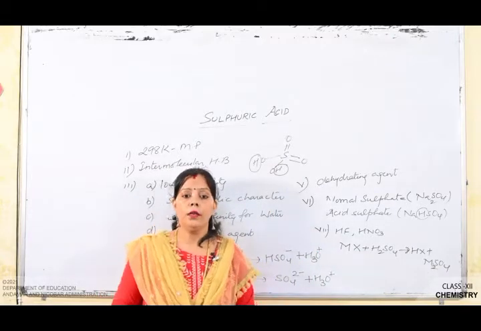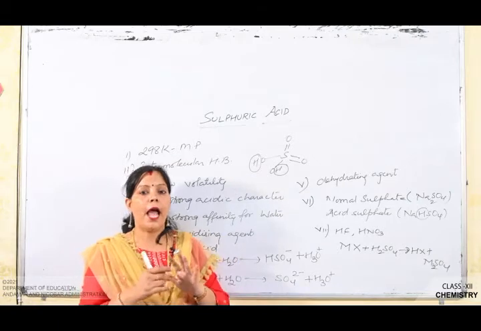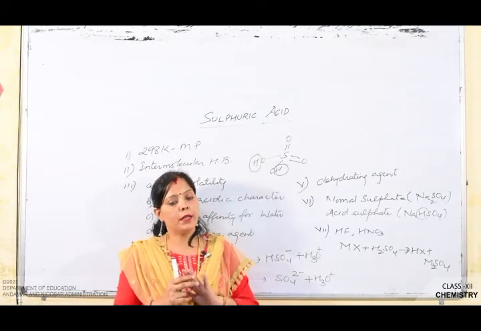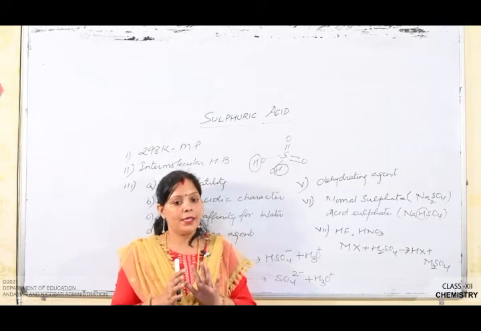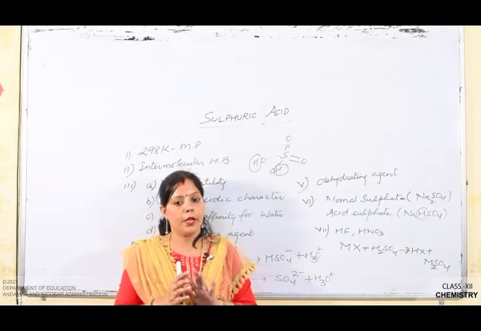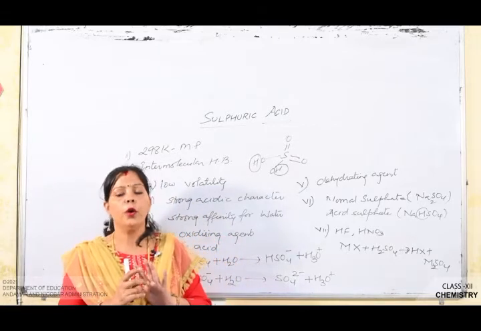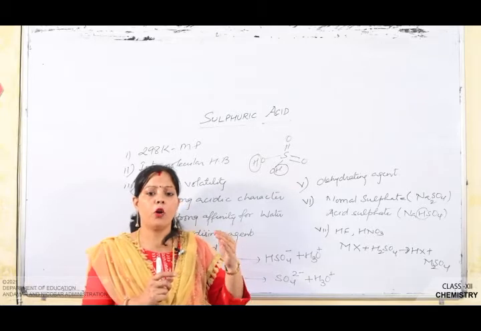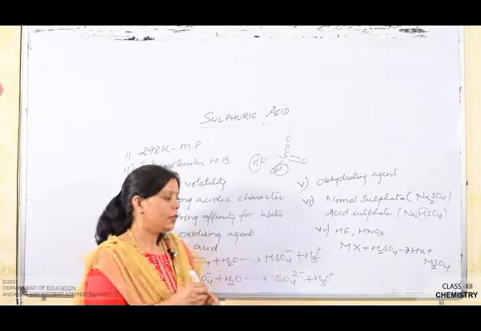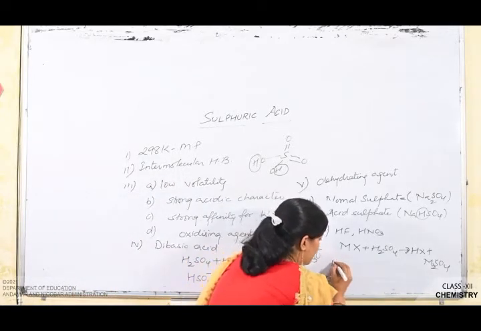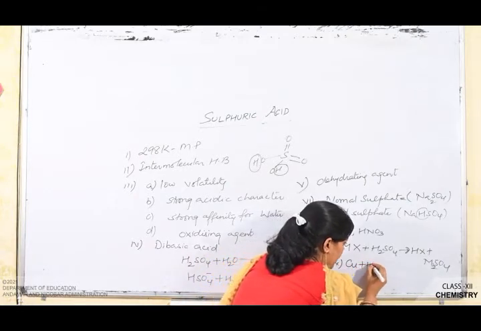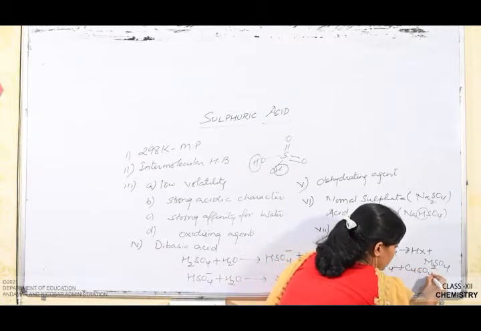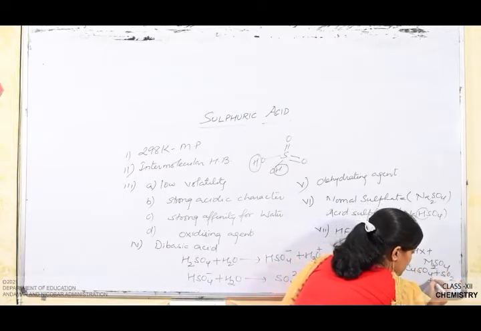Children, hot and concentrated sulfuric acid acts as a moderately strong oxidizing agent. Both metals and non-metals are oxidized by concentrated sulfuric acid, and it itself is reduced to SO2. For example, when the metal copper is treated with H2SO4, it gives copper sulfate plus sulfur dioxide plus water.